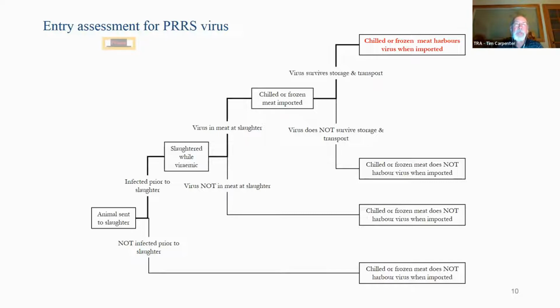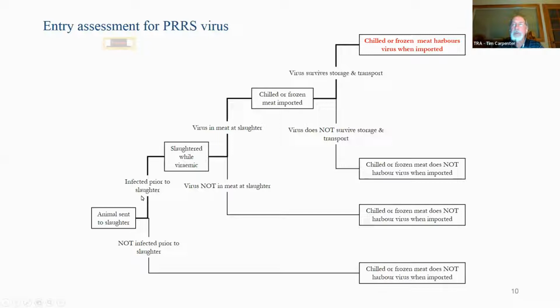So when we have the animal sent to slaughter, the animal could be either infected or not. If it's not infected and you chill the processed meat, then that meat will be chilled or frozen, and there is no risk, actually no risk, of that meat being contaminated.